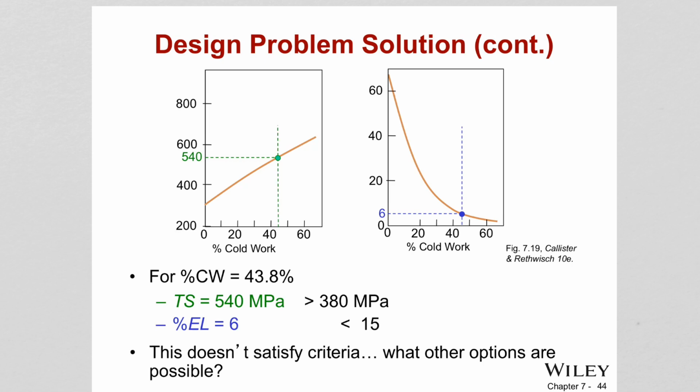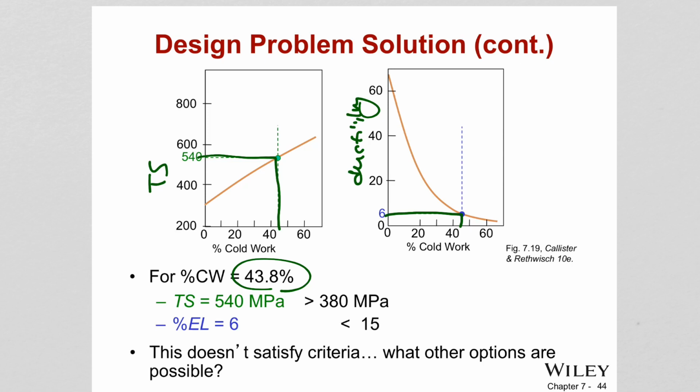And from the experimental data that were given to us, if we know the percentage of cold work, we can figure out what the tensile strength is and what the ductility is. So we have ductility on the y-axis and tensile strength on the y-axis, like that.